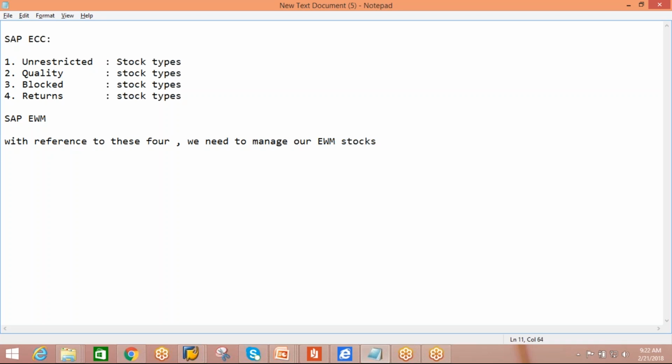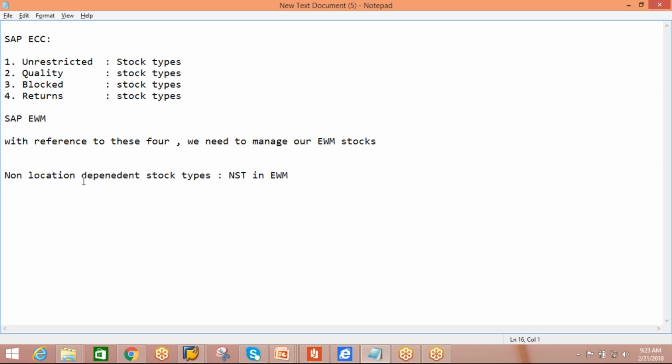And these four stock types are called non-location dependent stock types, NST. These four are non-location dependent stock types in EWM.